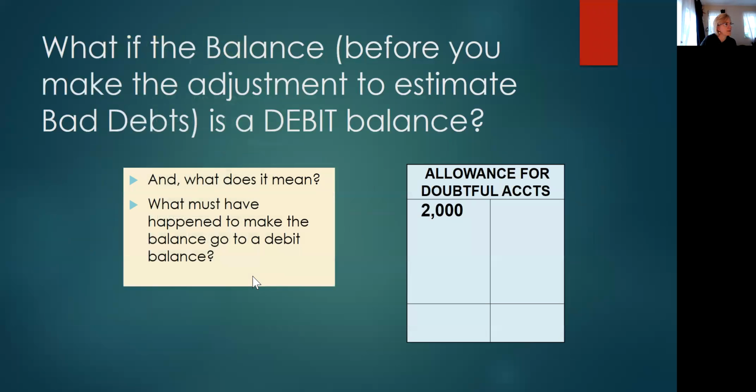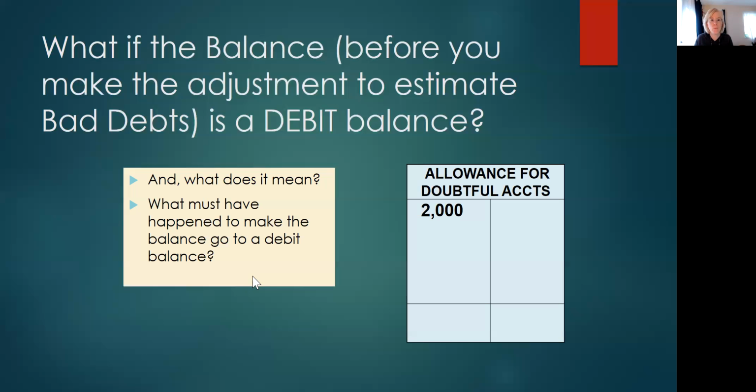Helena's question was, why would the allowance for doubtful accounts go debit balance? That means that maybe you had a beginning balance of 20,000 credit, but remember, we're using that allowance account all year long to write off bad debts.